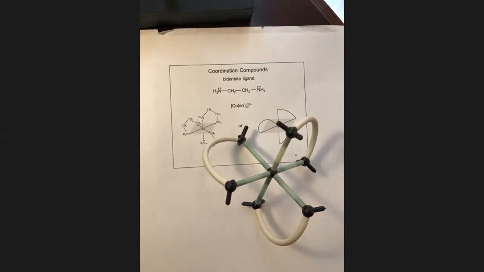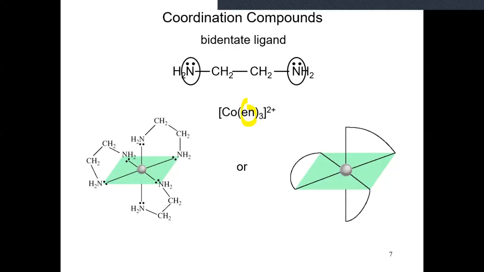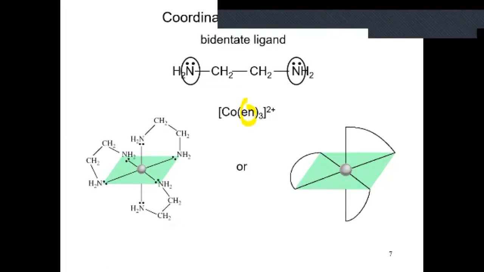Okay, let's move again to our presentation here. Let's go back to our PowerPoint. Here is another interesting ligand. It's a polydentate ligand, which is called EDTA, which actually means ethylene diamine tetra acetate, if I remember correctly.